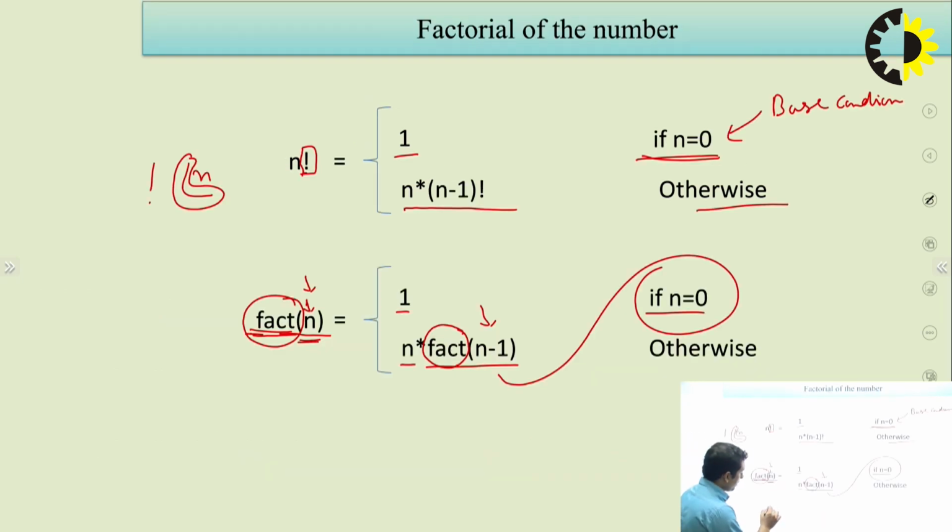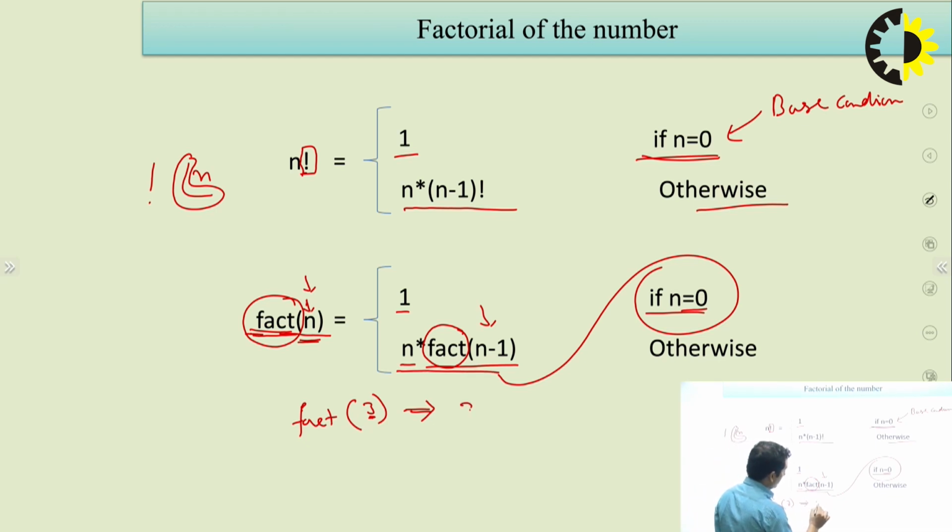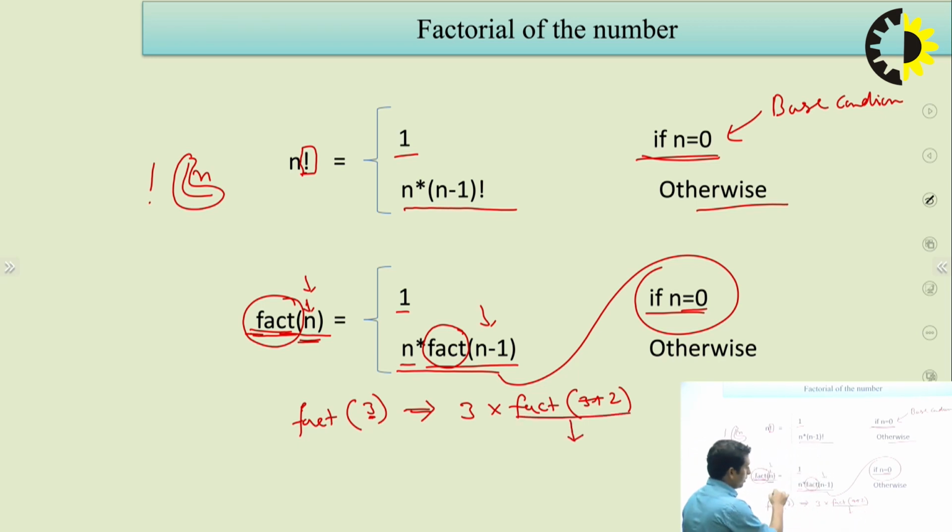Let us write the factorial of 3. Here n equals 3, the base condition does not match, so this will run: 3 into factorial of n minus 1, that is 3 minus 1, which is 2. This calls another recursive function.